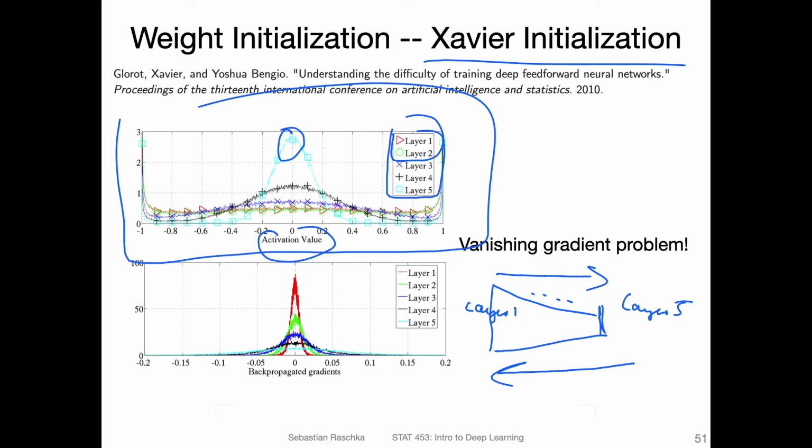What you can see here is for layer 5, we have backpropagated gradients that look reasonable in a range, let's say, between minus 0.1 and 0.1. But then the further back I go, I get this vanishing gradient problem. You can see that the early layers almost get 0 gradients most of the time, which can then be a problem. In this sense, the network will mostly only update the later layers, but almost ignore the earlier layers. This is not good if you want to train a neural network well.